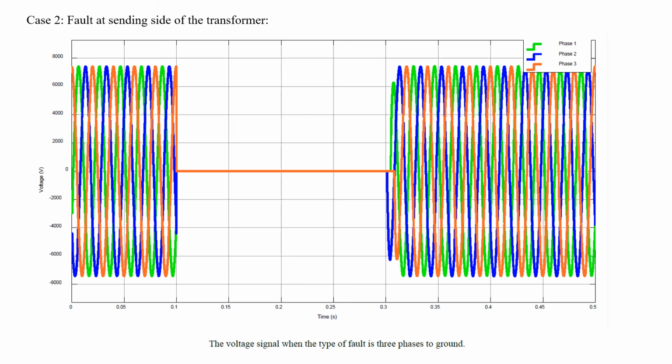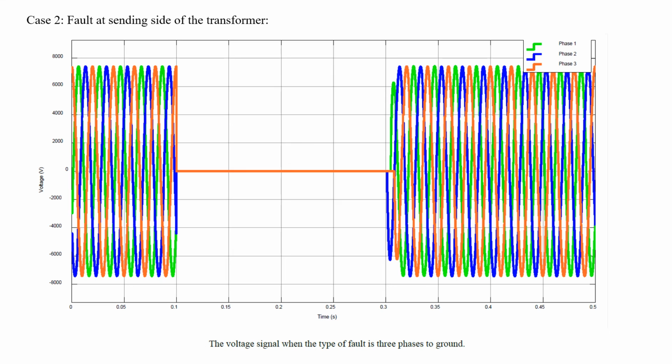Moving to case 2, as I mentioned earlier, I have created a discrete signal to trip the circuit. So I have inserted the signal, and as you can see in the diagram, the voltage signals when the type of fault is 3 phases to ground.